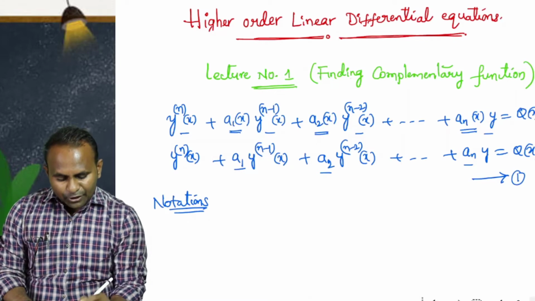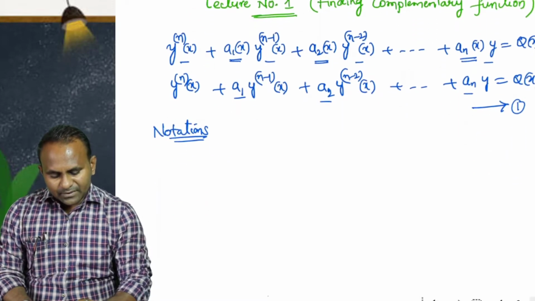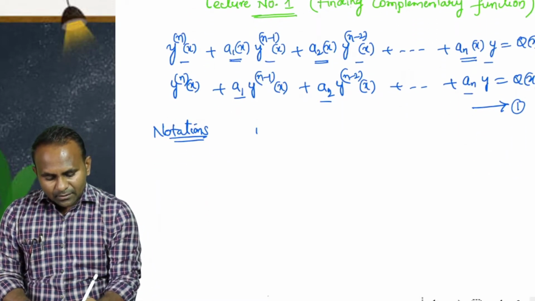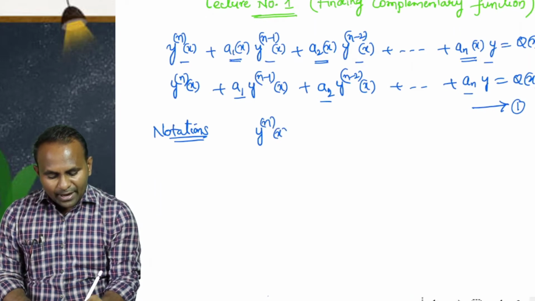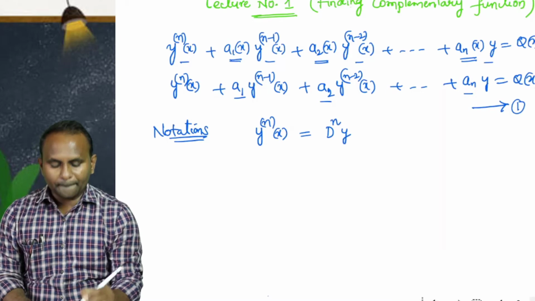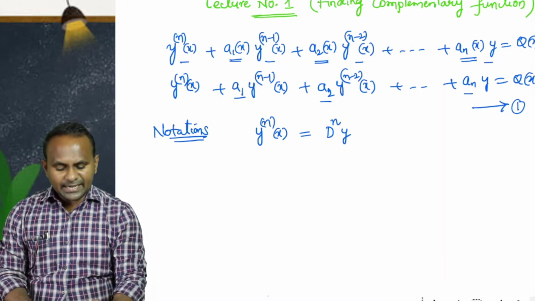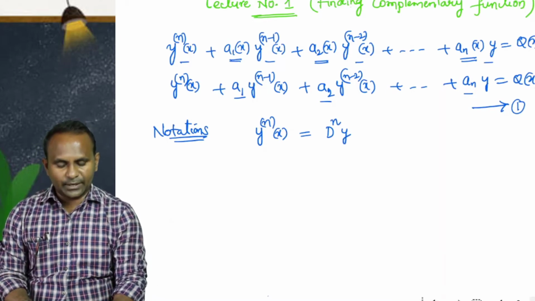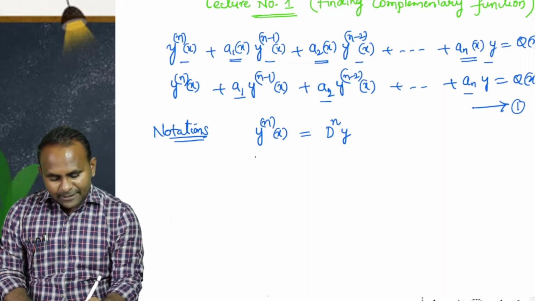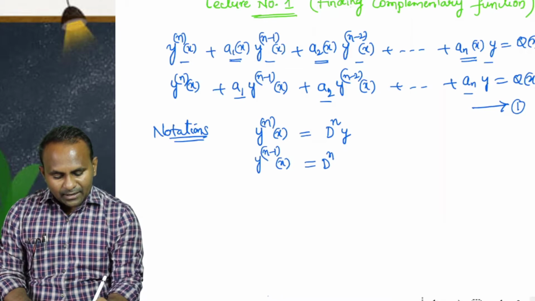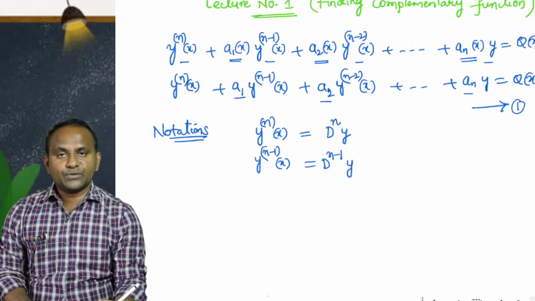Here I'm going to use the notation for the nth derivative of y as D power n y. This D power n indicates the nth derivative of the function y. And if it is the n minus 1th derivative of y, the notation will be D power n minus 1 y.